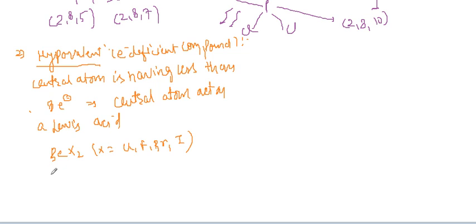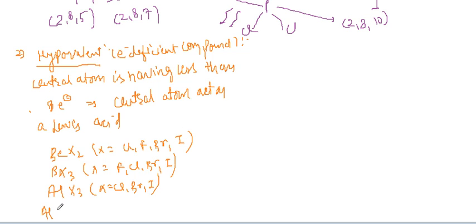Now if we talk about BX3, X could again be any halogen: fluorine, chlorine, bromine, iodine. If we talk about AlX3, X could be chlorine, bromine and iodine. Again aluminium hydroxide, and B(OH)3, so this is boric acid.